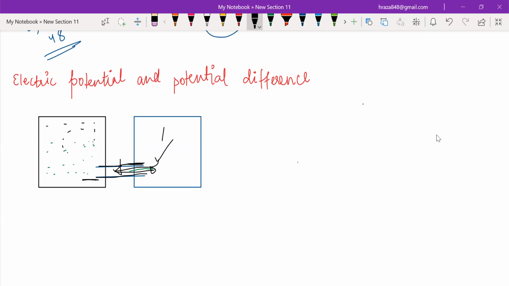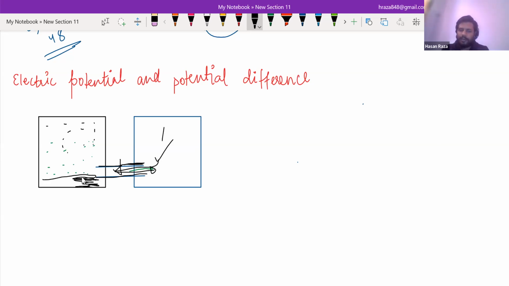Come again, sir? You want to say that the water flow will stop when the water level in the left is below the hole. The water continues to flow, I'm guessing.